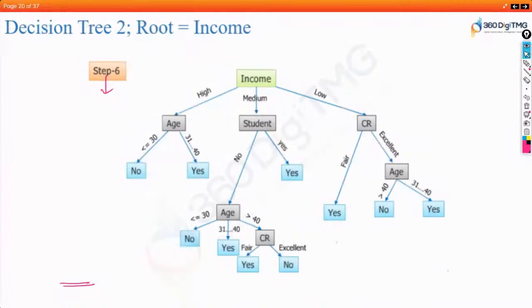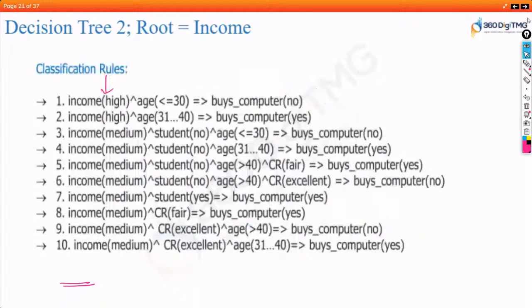And on this tree, we get 10 rules. That means one rule less. So comparing both the trees that we have generated, the second tree would be better because we have one rule less.